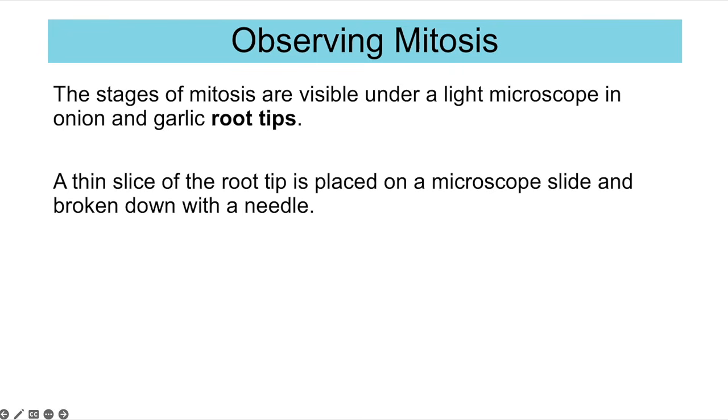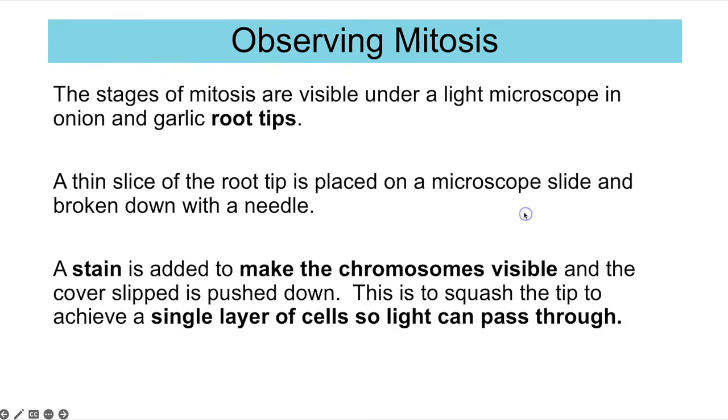So a thin slice of the root tip is placed on a microscope slide, broken down with a needle. You'd also often add acid and heat so that you are breaking down the connections between the cell walls. So you get this thin layer when you squash down on that sample. You also add a stain, and the heat helps that stain to really stain the chromosomes so they become visible.